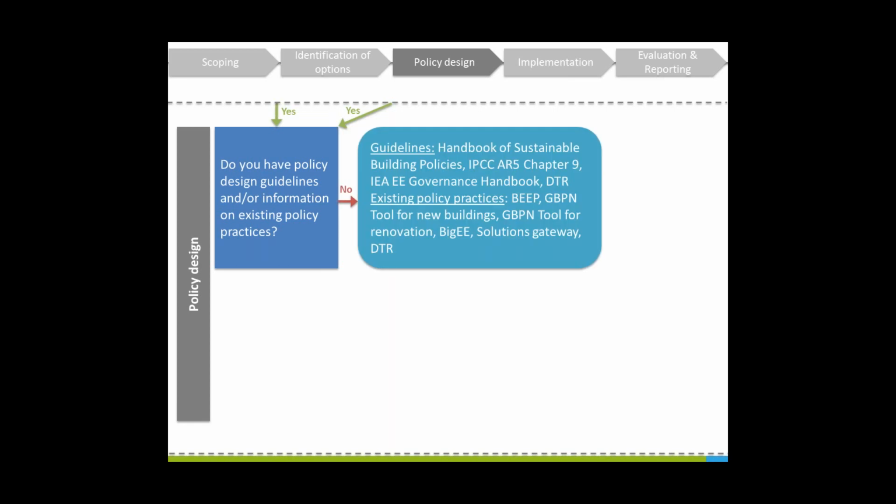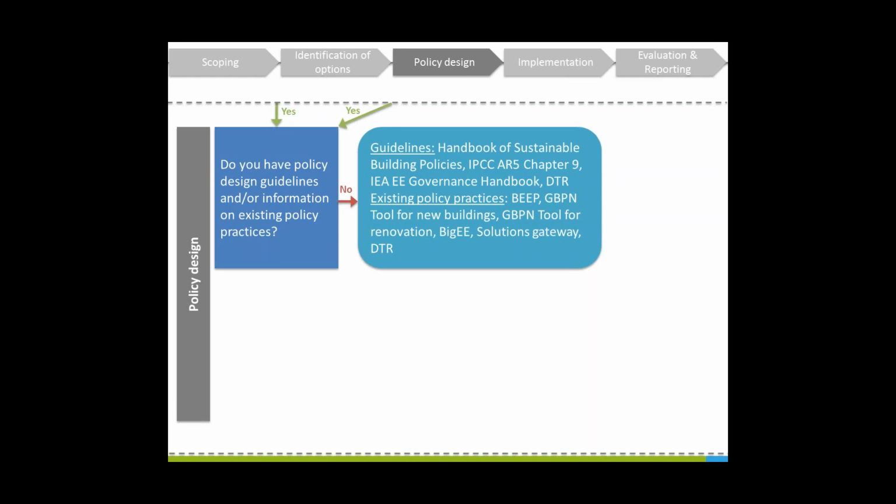A number of sources which we reviewed contain this kind of information, and for guidelines we looked at a number of available sources, for example, handbooks for sustainable building policy developed by UNEP, IPCC reports, as well as the IEA Governance Handbook and the Driving Transformation report, which I mentioned before.